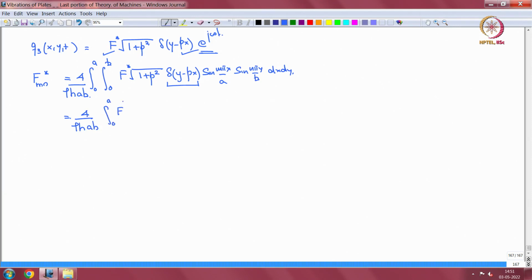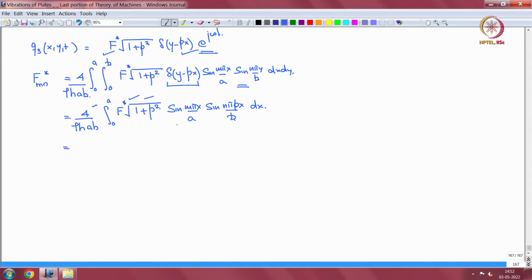The constants, 1 plus p square, come out, and this becomes sin m pi x by a, sin n pi px by b, dx.